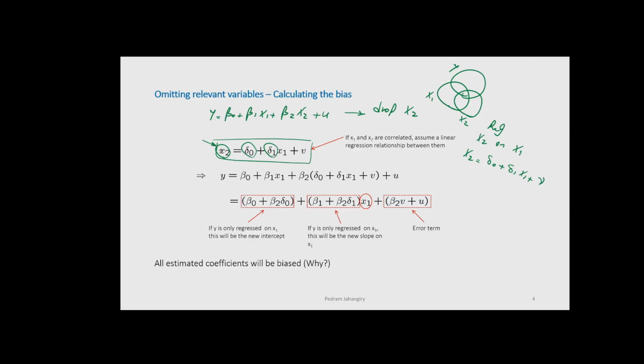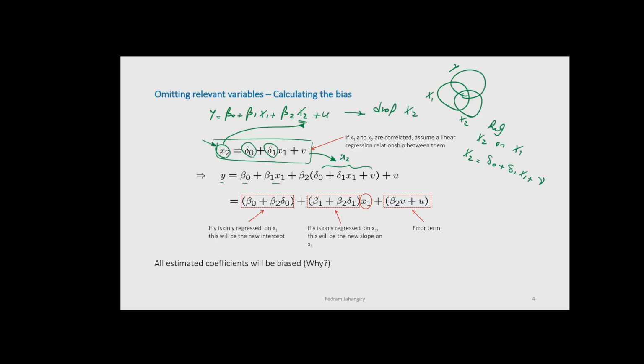So let's replace this x2 by this equation and rewrite the whole thing. So y is equal to beta 0 plus beta 1 x1 plus beta 2 x2, and this is my x2, and then plus u. Now let's do the multiplications and rewrite the formula further.